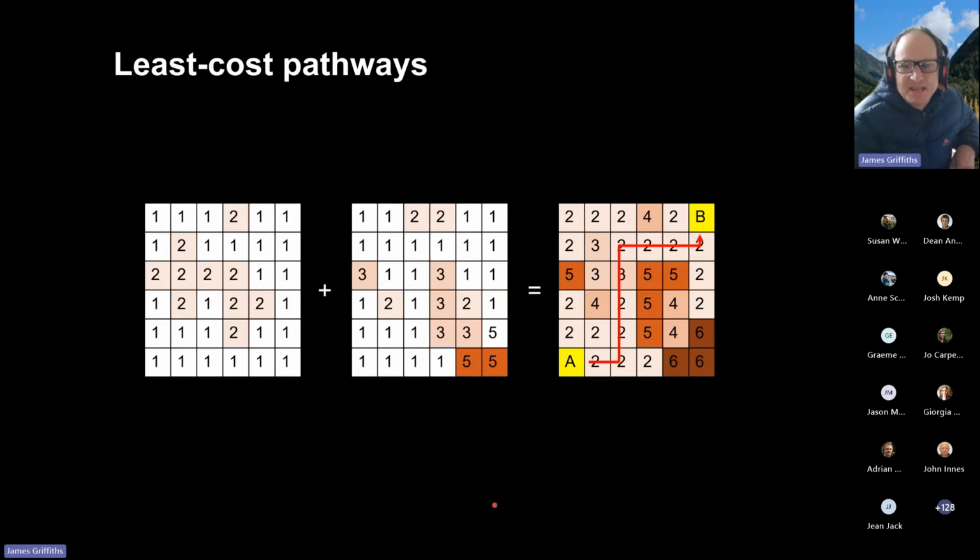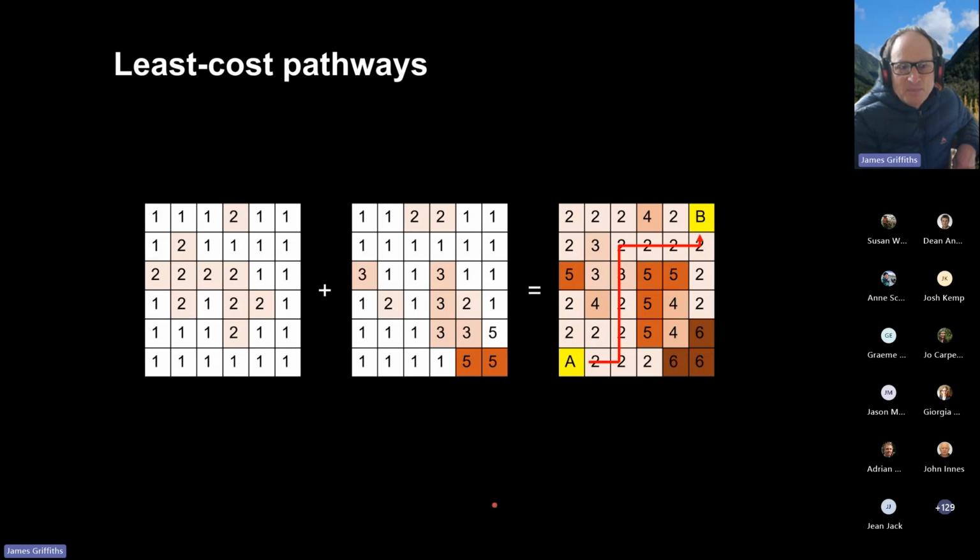So how do we test the influence of geography on rat movements? Well, thankfully, there's a fairly well advanced approach with a large body of literature around it. It's called least cost pathways, which represents the geographical environment as a series of matrices that have a resistance value attributed to each cell within that matrix.